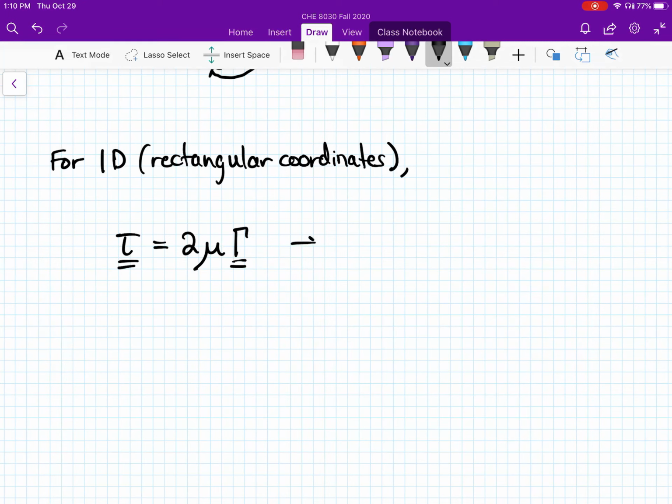You are probably most familiar seeing this equation look something like this, where this is oftentimes referred to as Newton's law of viscosity.